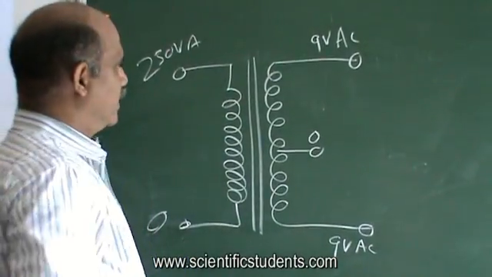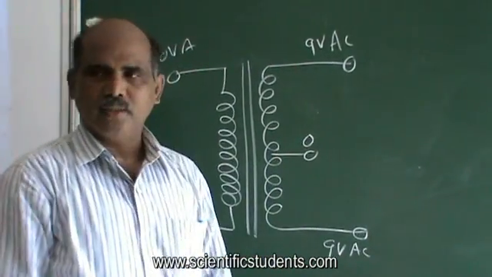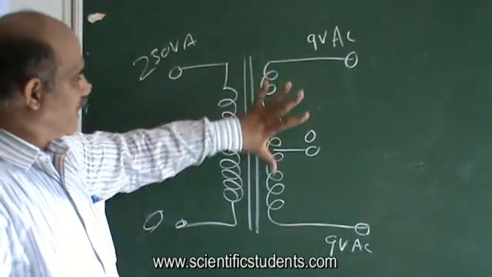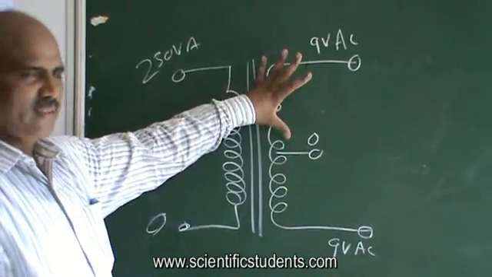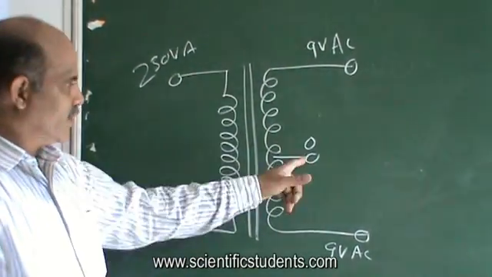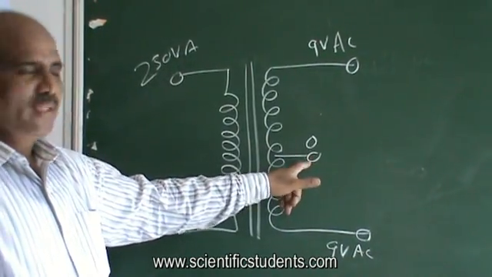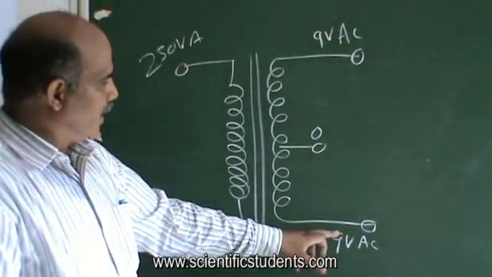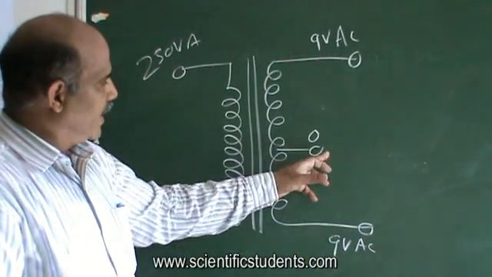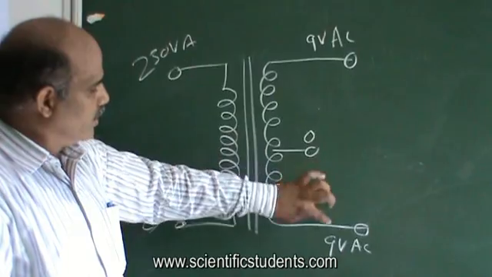Okay, my dear friends? That means 0 to 9 is repeated in 2 windings. So center is 0, and the whole is a 0 to 18 volts winding. In the center we have taken another tap, so 9, 0, 9.